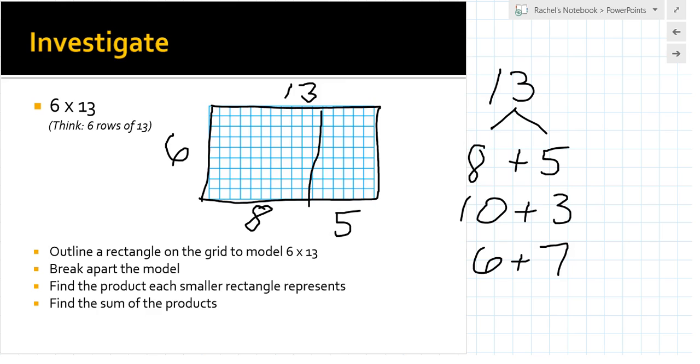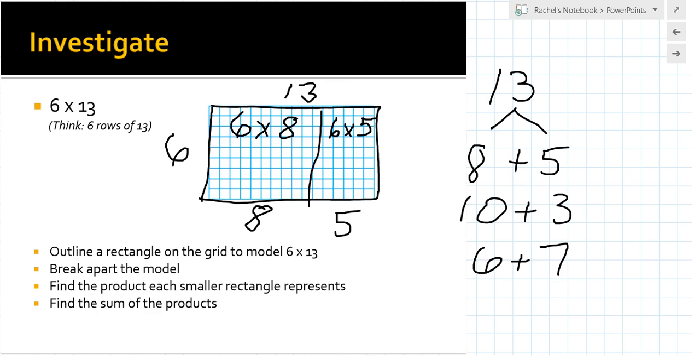And so students could look at these 2 smaller problems. Instead of 6 times 13, they could find the product of 6 rows of 8 and 6 rows of 5. By doing these smaller products, students can use their basic facts and then go back and combine them to find the actual product of our larger number we started with.